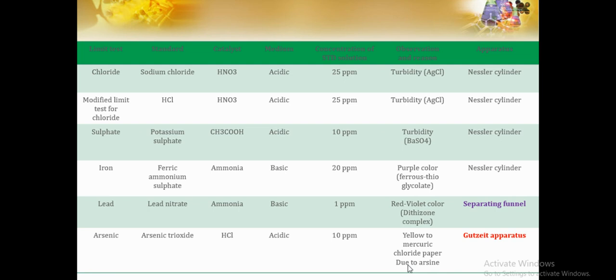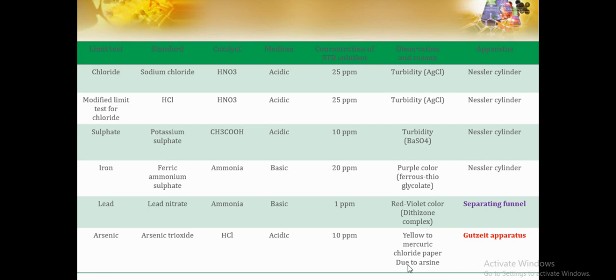I hope you all are aware of the Gutzeit apparatus. The last column includes the apparatus. You are all aware that the apparatus used in limit test is the Nessler cylinder.